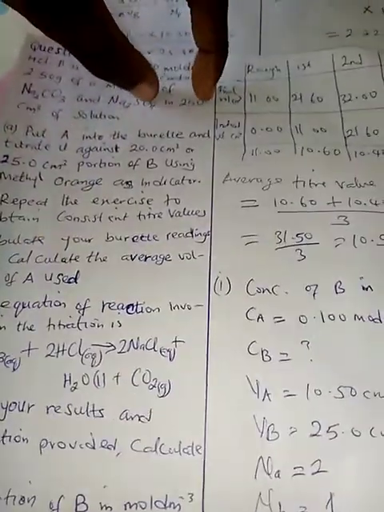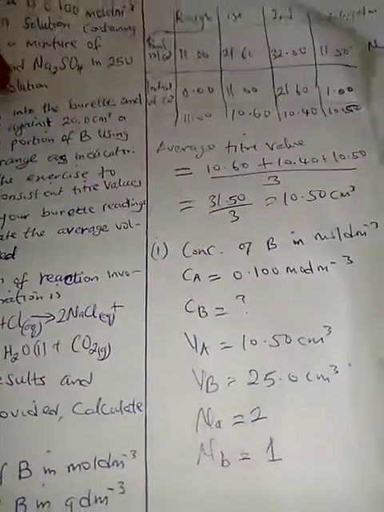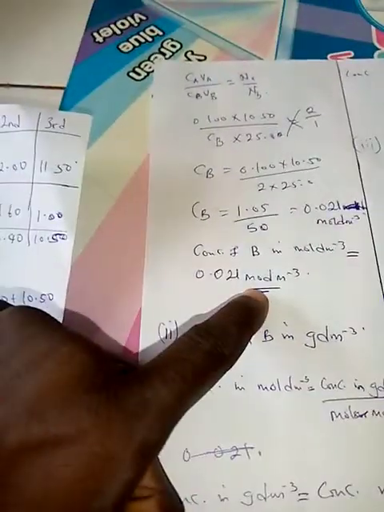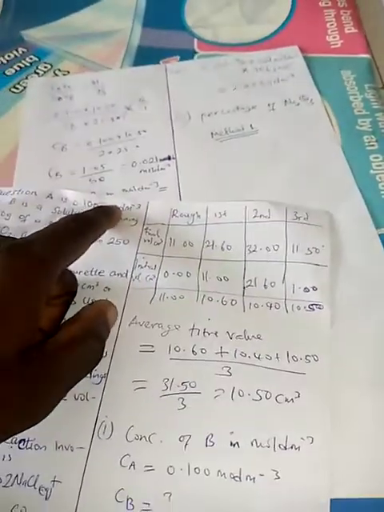So we have to convert this to mole per dm cube. From the calculation that we did here, this value is in mole per dm cube, the reason being that this one was in mole per dm cube.